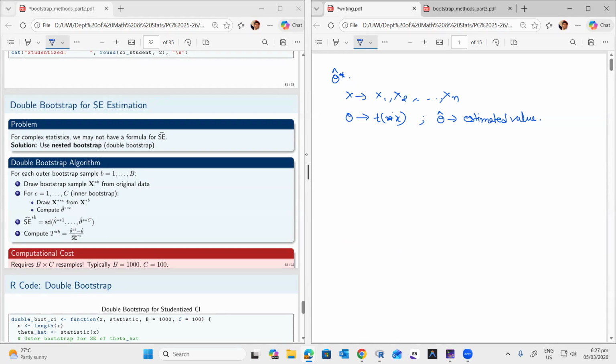In that one, we need to generate two bootstrap samples.